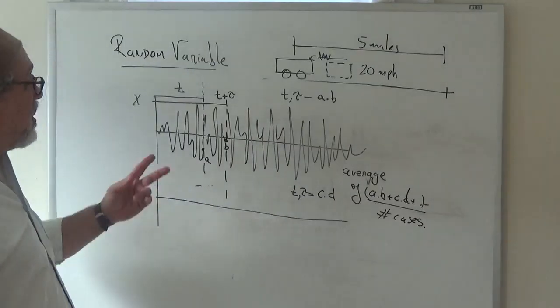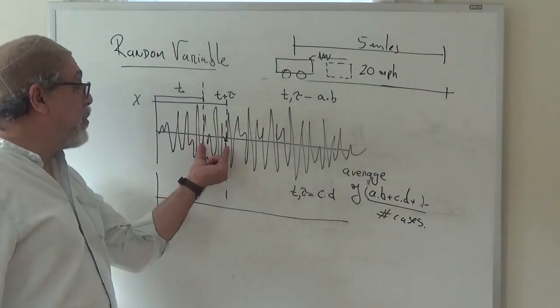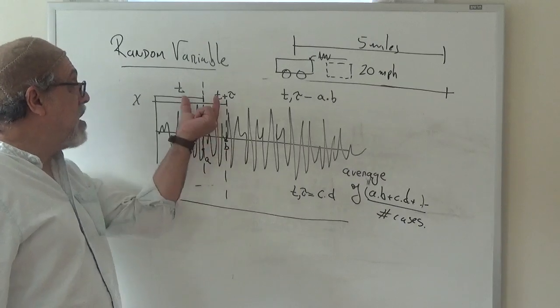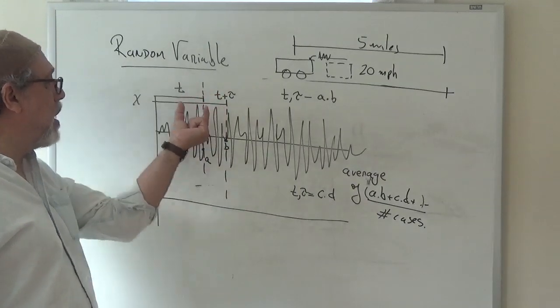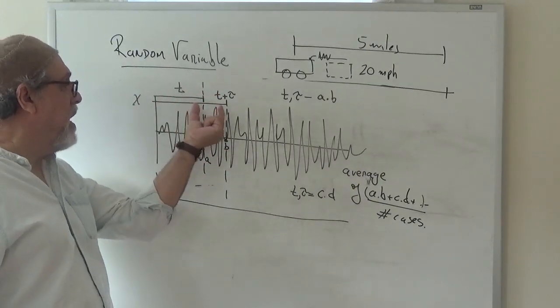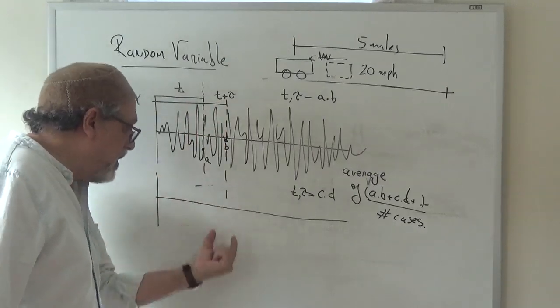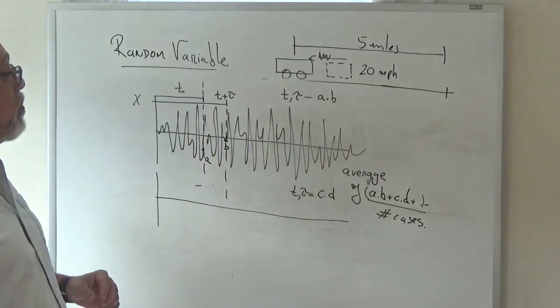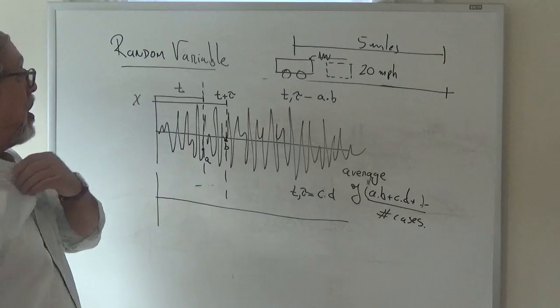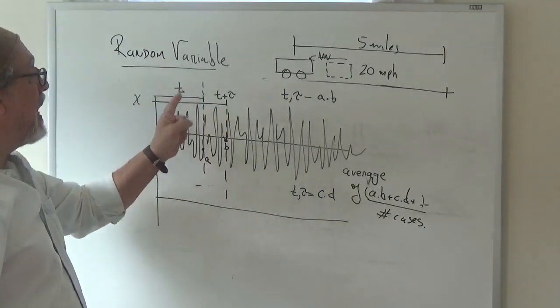So if we took the average of the product of two values that are separated a distance tau, down the ensemble, we would say that we have a correlation at time t with a lag tau.